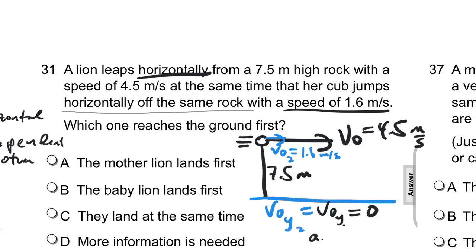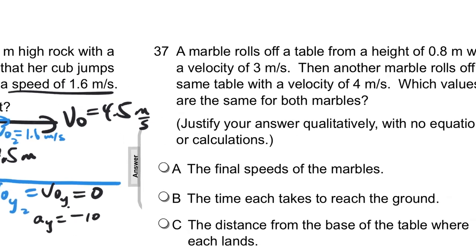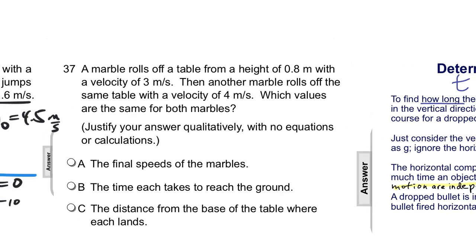They both have the same AY, which is -10. So they have to hit the ground at the same time. It doesn't matter how fast forward they go. So it's letter C. Why? The horizontal and vertical velocity are independent of each other.